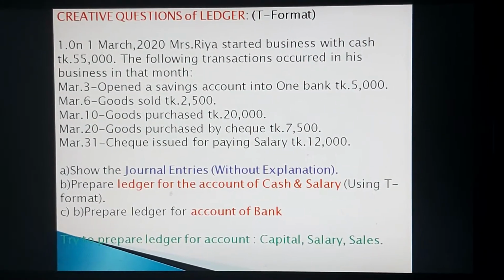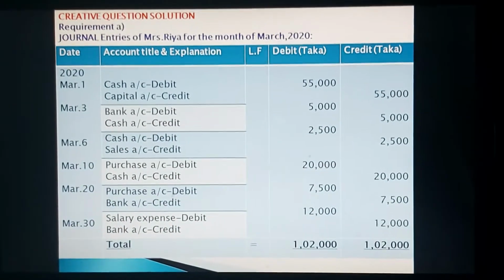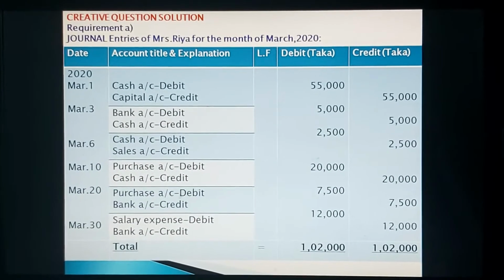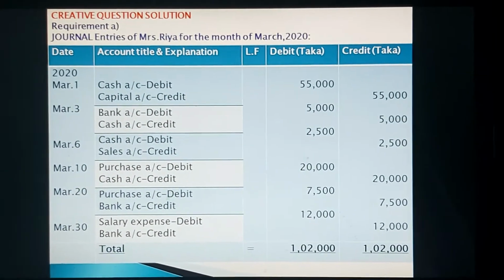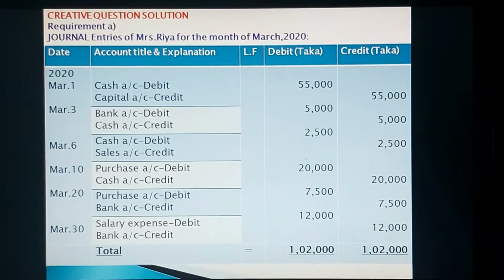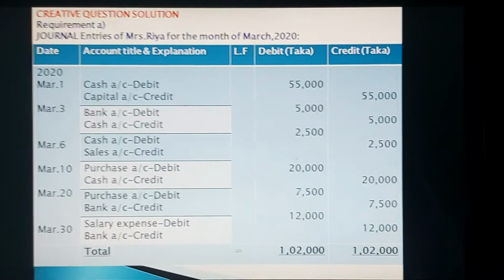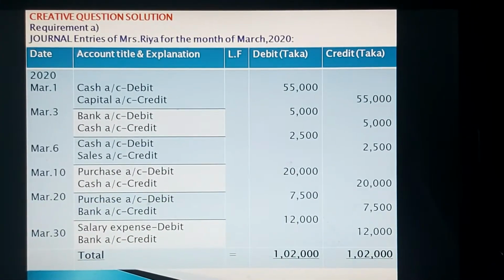You can see in the next slide for requirement A, March 1, match with your answer. Cash account debit, capital account credit 55,000. March 3 bank account debit, cash account credit 5,000. March 6 cash account debit, sales account credit 2,500. March 10 purchase account debit, cash account credit 20,000.